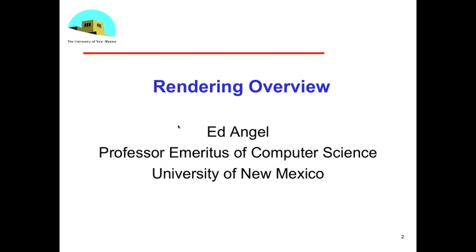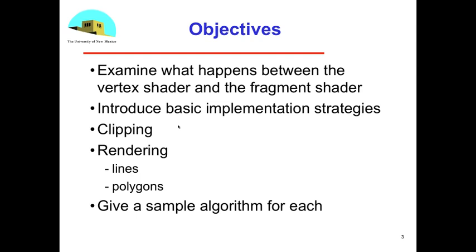But one thing to keep in mind is that although we can talk about various algorithms for doing the various jobs, and those jobs are basically how do you generate fragments in the rasterizer, how do you do clipping, and some options for how you might do hidden surface removal, those algorithms are really hard coded in.